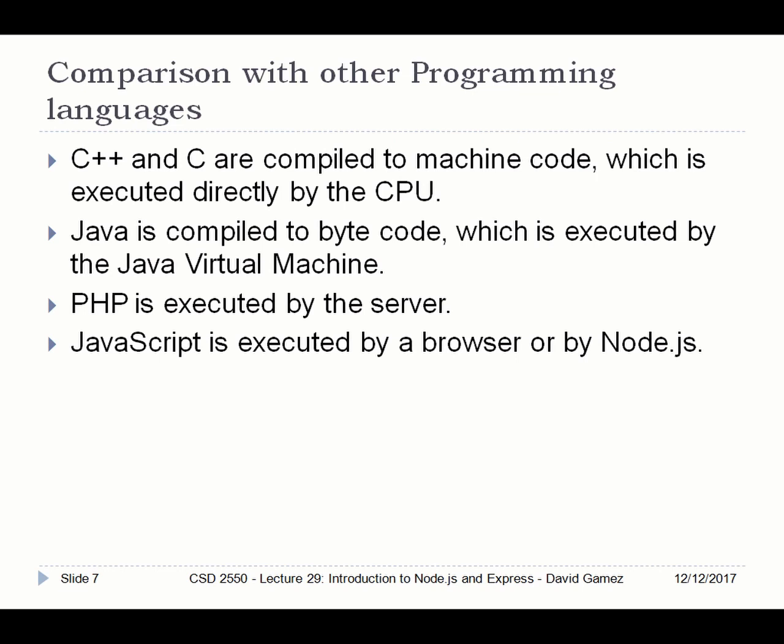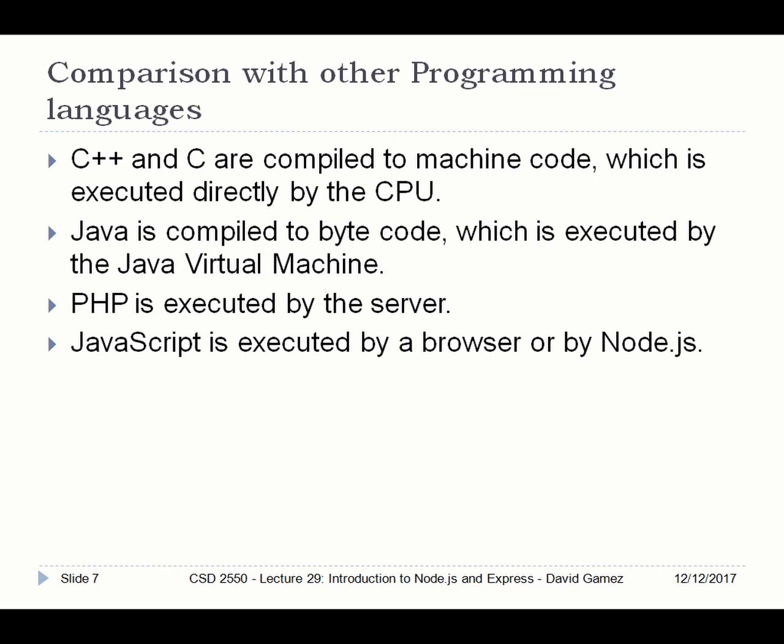So with C++ and C, you write the text files in C++ or C, and you put them through the compiler, and the compiler converts those high-level programming languages directly into machine code that's executed by the CPU, which is basically a bunch of numbers that specify instructions, and the CPU looks through those numbers and carries out certain operations. So the C++ and C is converted straight to machine code that's executed by the CPU.